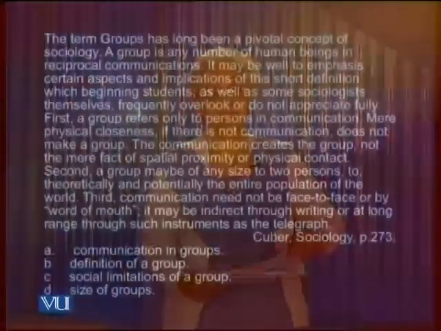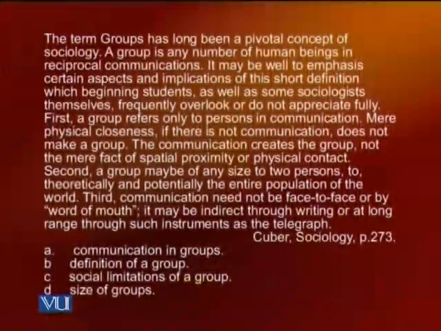Now, at the end you will find 4 possible answers given to you. A, communication in groups. B, definition of a group. C, social limitations of a group. D, size of groups. Now, which would be the correct answer?